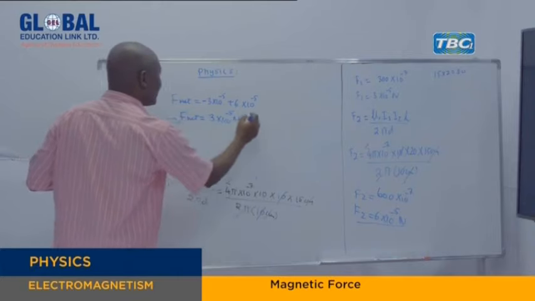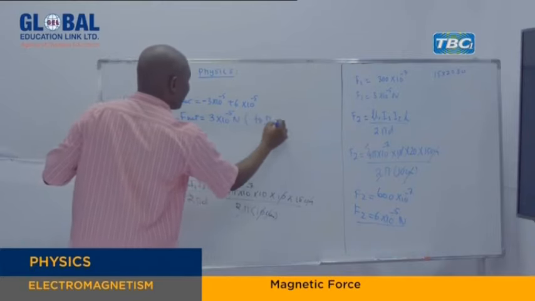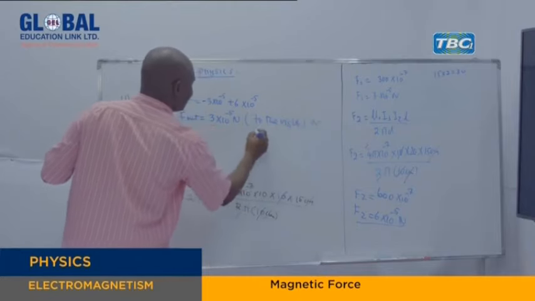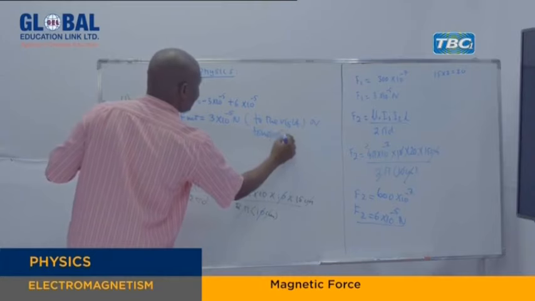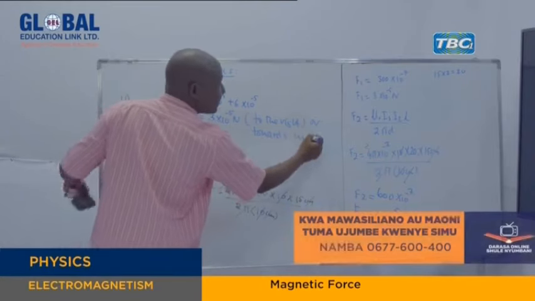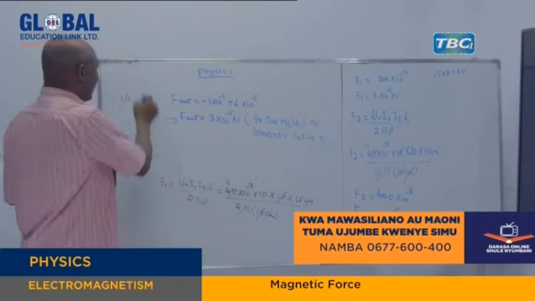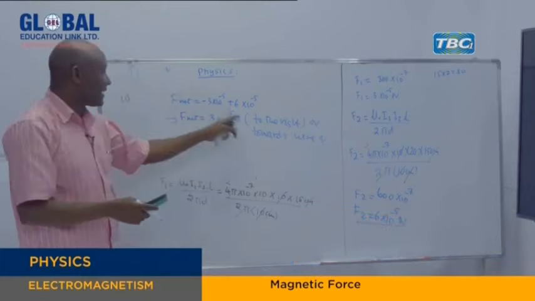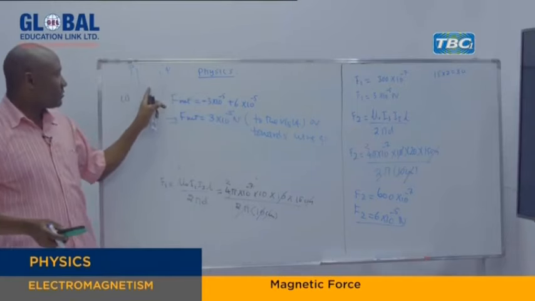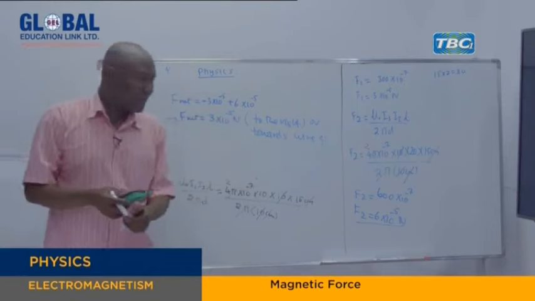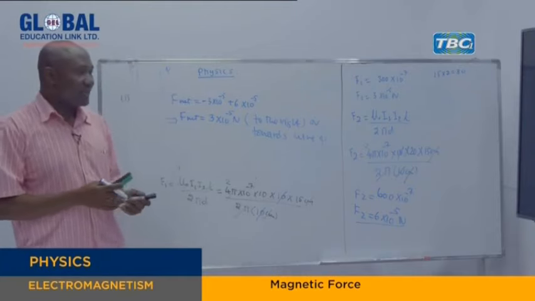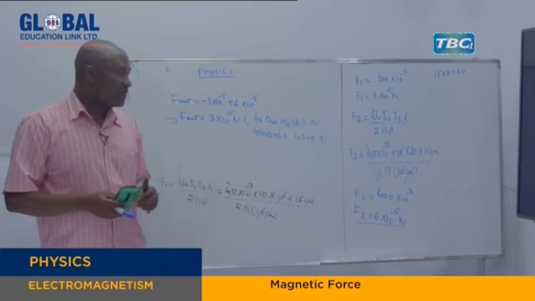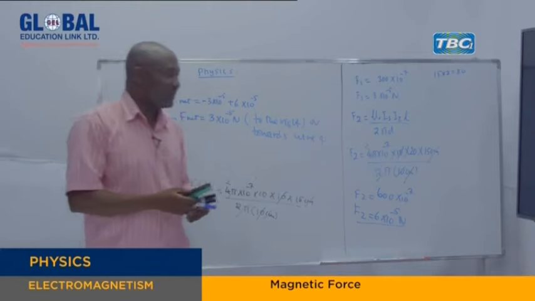And the direction of this force will be to the right, or we say toward wire Q. So remember, that was our P and Q. So the net force will be moving to the right, or this wire which is in the middle will be drifted toward Q. So that's how you can find the direction of the magnetic forces as well as the magnitude of the force acting on a certain wire.